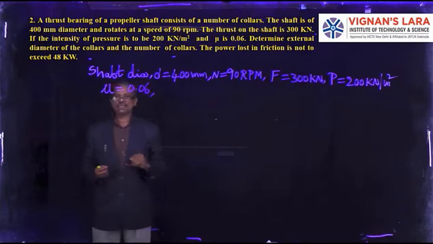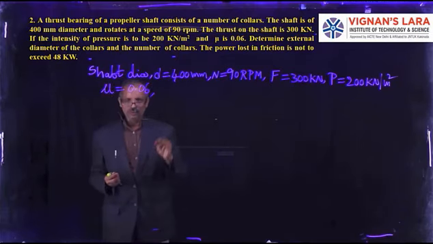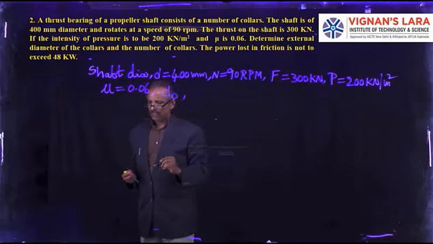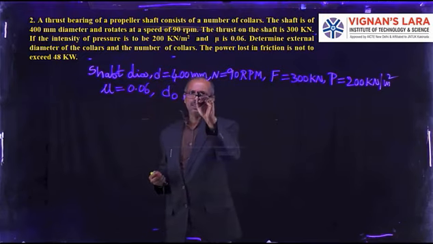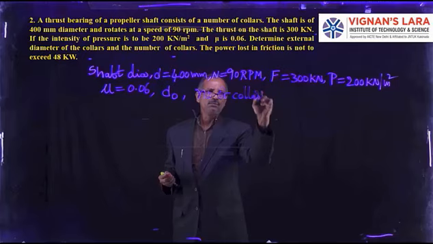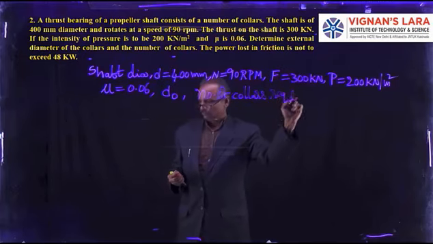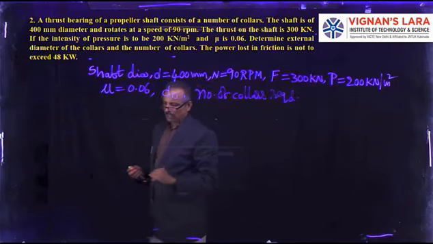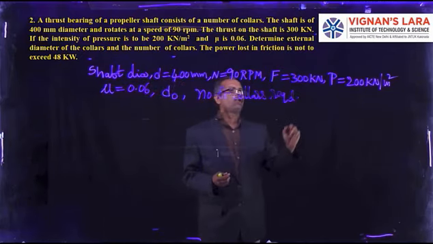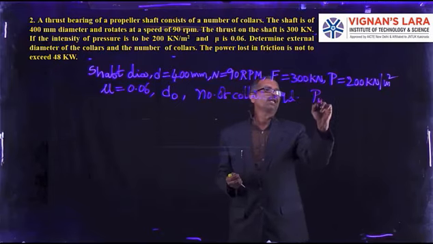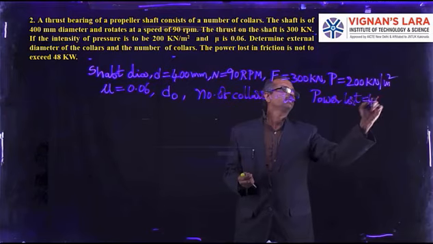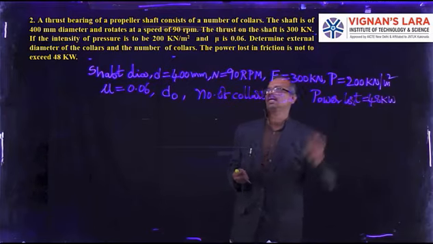Then what is asked: find the external diameter of the collar, and the number of collars required, and the power lost in friction should not exceed 48 kilowatts. This is the data given.